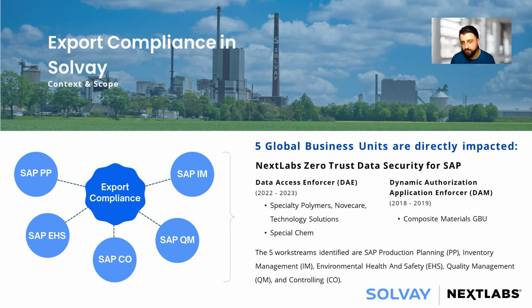For example, the bill of material, production routing, production recipes, EH&S composition. So everything that can tell you how to produce a certain product, we had to protect this type of information. And finally, this has impacted many different SAP modules, from production planning, EH&S, controlling, quality management, and inventory management.